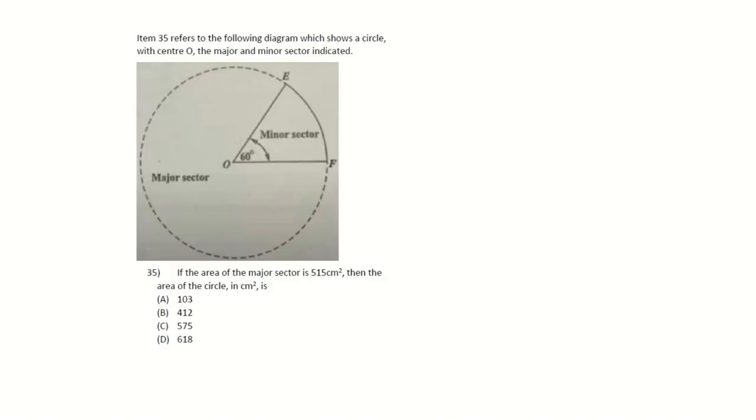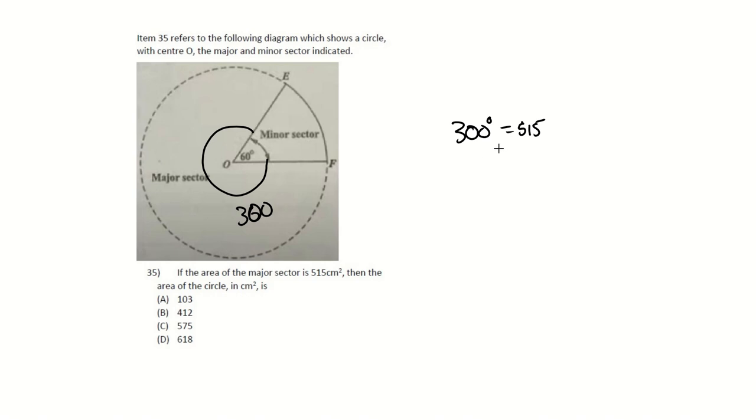Right, number 35. Item 35 refers to the following diagram which shows a circle with center O. The major and the minor sectors are indicated. If the area of the major sector is 515, then the area of the circle in centimeters is. If the minor sector is 60, your major sector is 300. So 300 degrees is 515, and they want to know the entire circle.